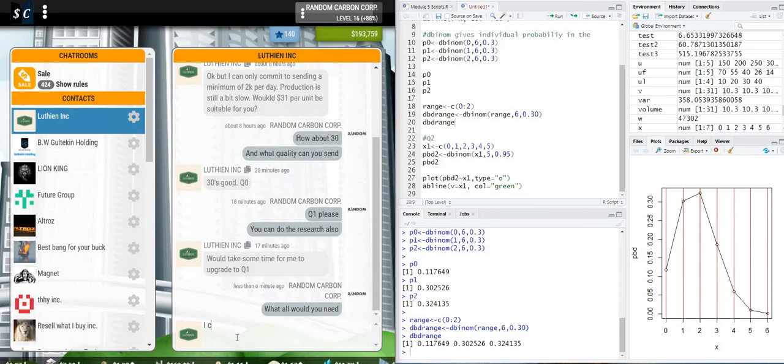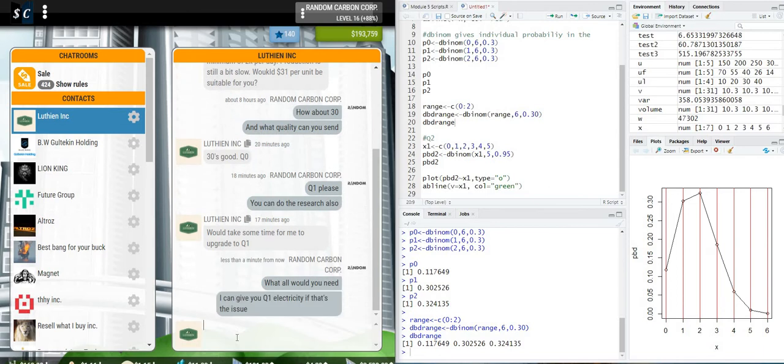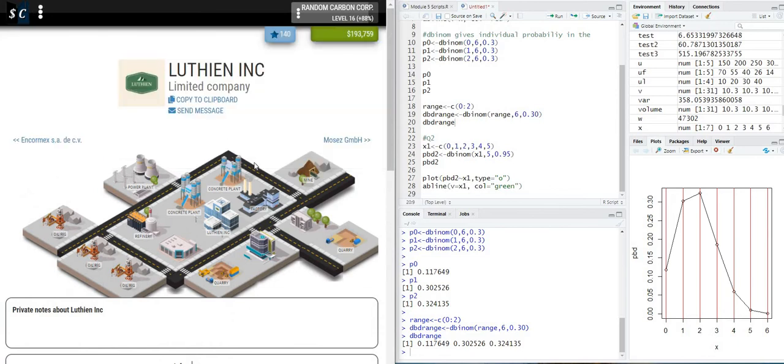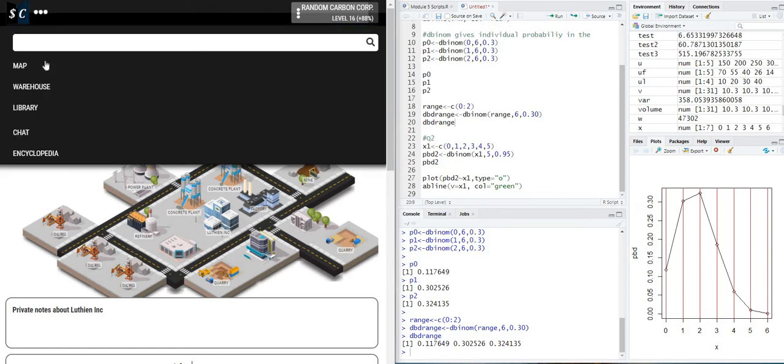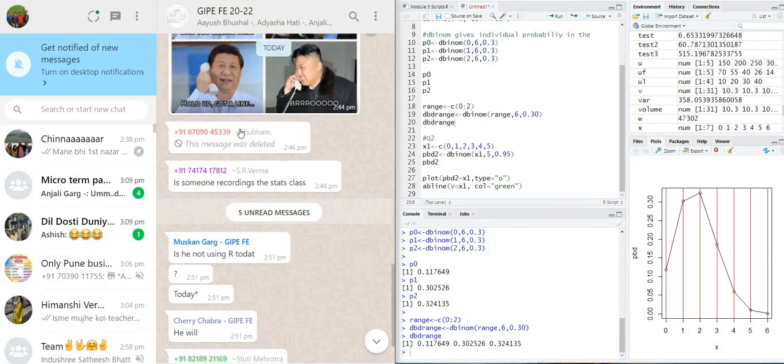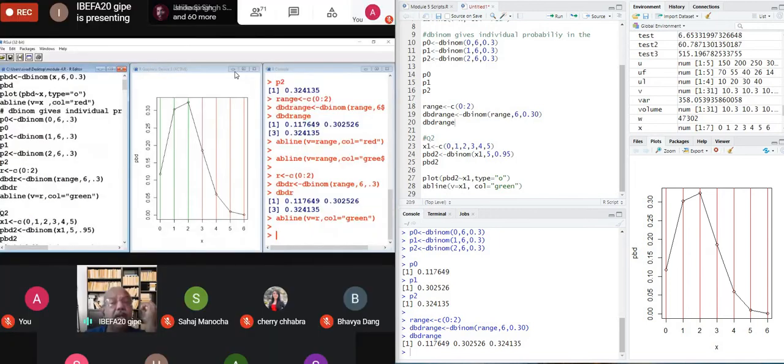Sir, I have a question. Yes, ask. In the plot function where we write type equal to o, can we use something else in it? Suppose you put l, mostly it will work, but it will not show the intersection.